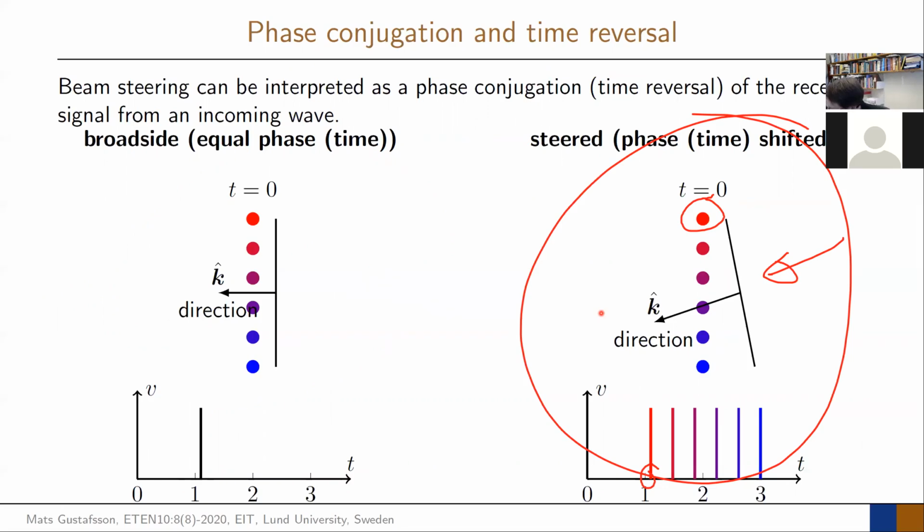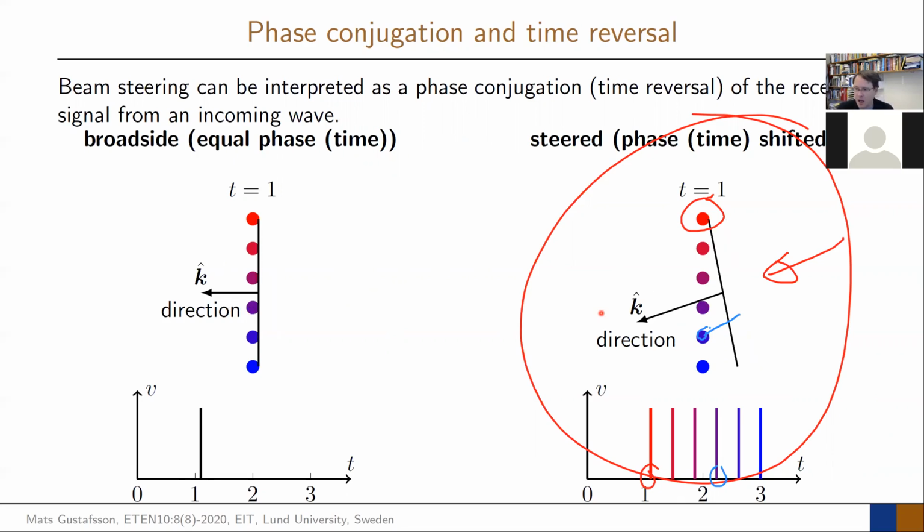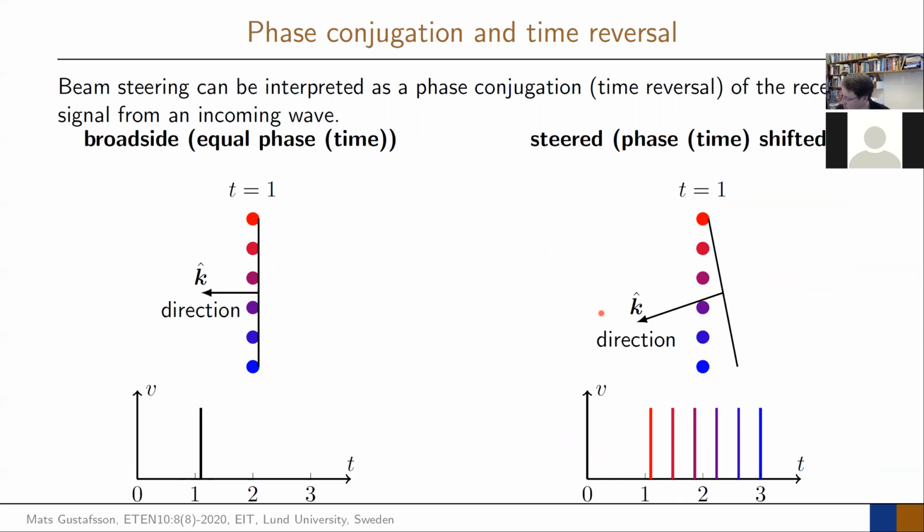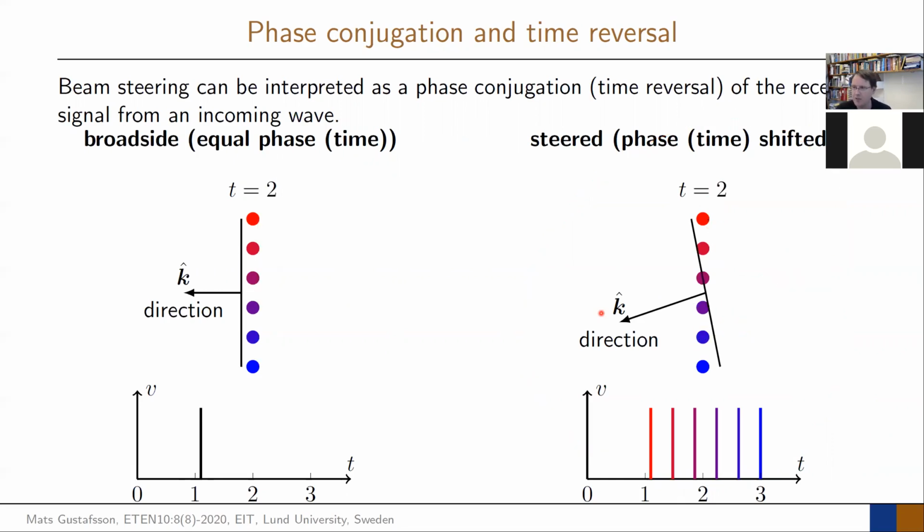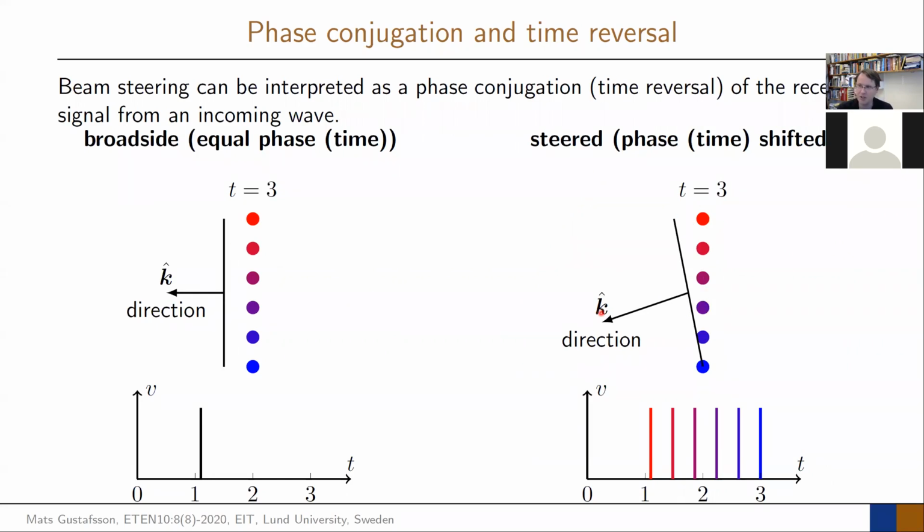And then it will take some time before I can receive it at, for example, this element down here, because of course the wave has to propagate a longer distance. So it takes a little bit of time to reach that element. So if I move here, now I receive the first signal in the red element. Now I start getting it in the purple element. And now I have received it at time equal to 3. I also received it in the blue element over there. So the closest element receives it first, the one further away receives it later.